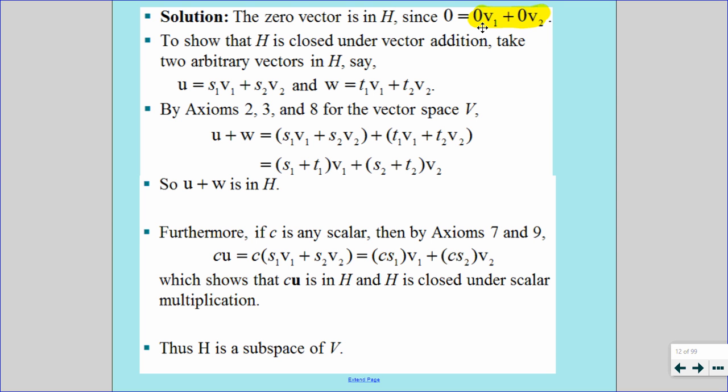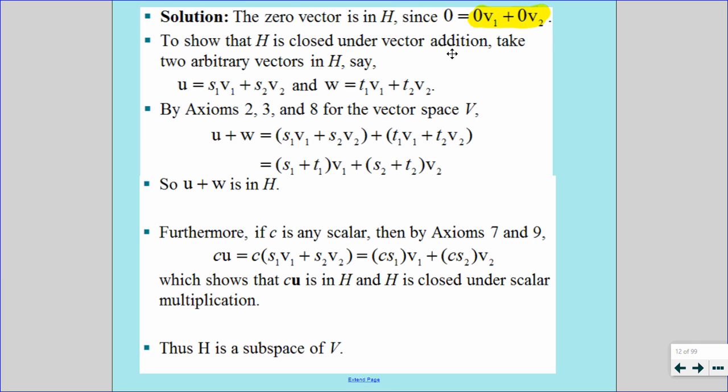That ensures that the zero vector is in H, the subspace. To show that H is closed under vector addition, you have to show that if you add a linear combination of V1 and V2 to another linear combination of V1 and V2, you get something that would also be in the subspace.